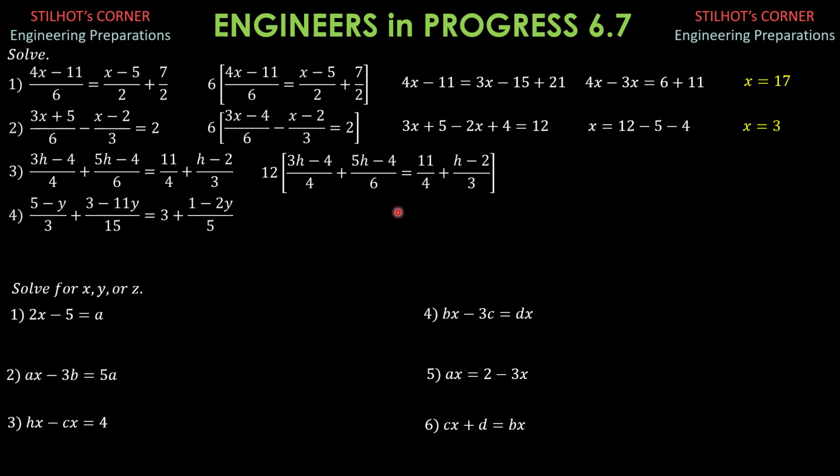So again, 9h minus 12 plus 10h minus 8 equals 33 plus 4h minus 8.